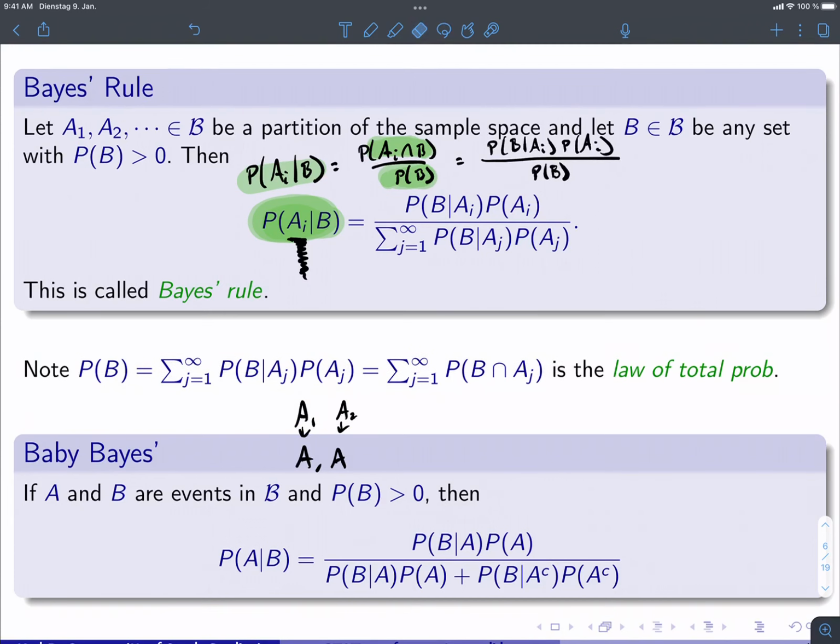Then if I want to compute the probability of A given B, I have this, and this sum in the denominator is just a sum over two things, where my first set in the partition is A and the second set is A complement. This is the rule we most often use in our introductory statistics classes.